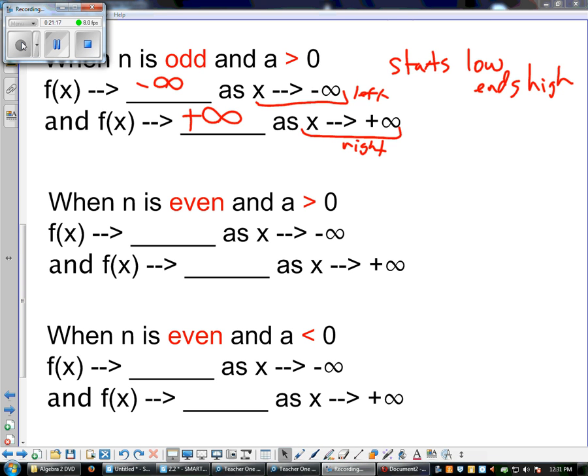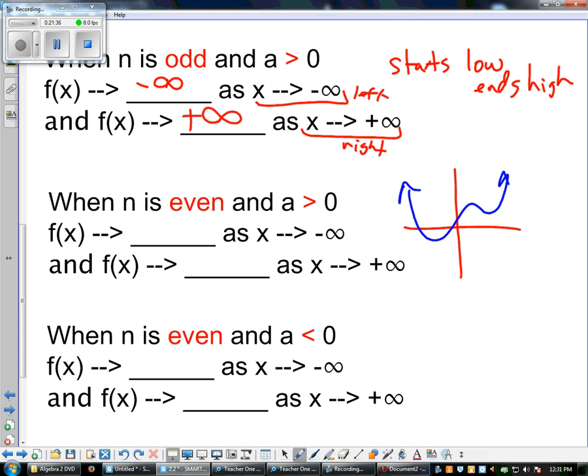Okay, what did you say for this? For n is even, degree is even, and the leading coefficient is positive. Katie? So if the graph, for example, for a degree 4 looks something like this.